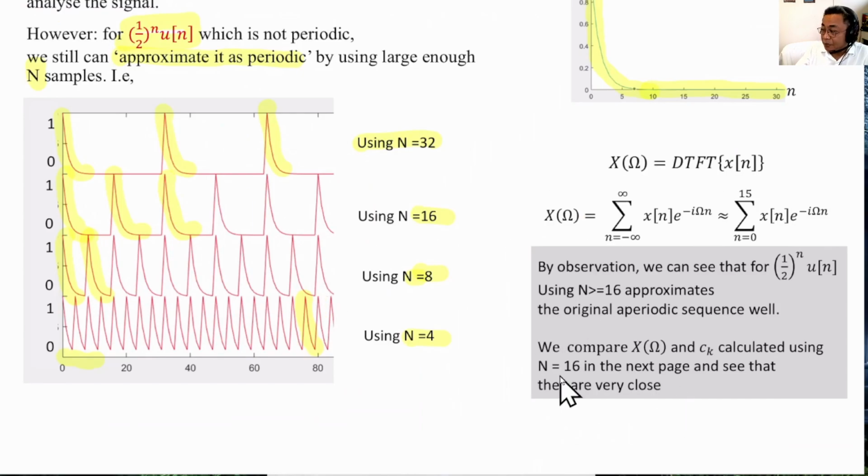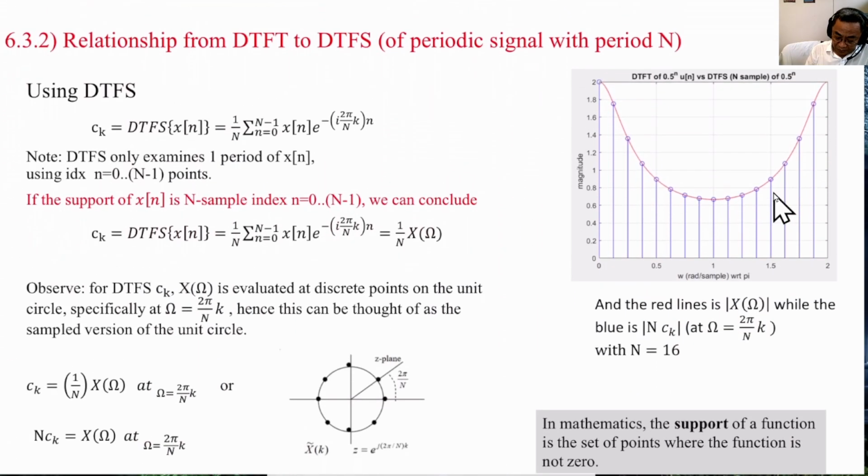But in this example, we see that once we have used N equals 16, there's very little difference from using N equals 16 or 32, at least from this decayed part. Alright, we're going to use n equals 0 to 15 and compute the DTFS, and then let us see what the values are. What is interesting is this.